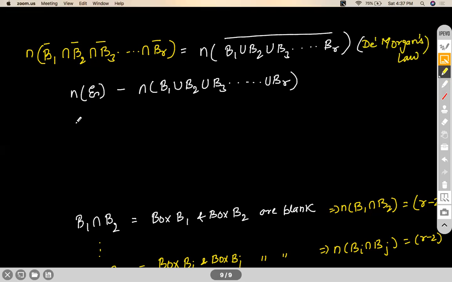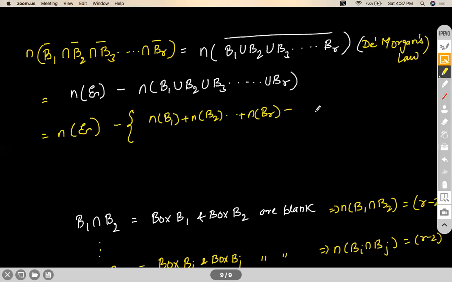Correct. Okay. Now, as per the formula that you have learned, this can be written as n(B1) plus n(B2), and so on till n(Br), minus the intersections two at a time. Two at a time means it can be any two at a time. I cannot write everything because it's beyond my scope to write everything. Then plus the intersections three at a time, dot, dot, dot, like that.